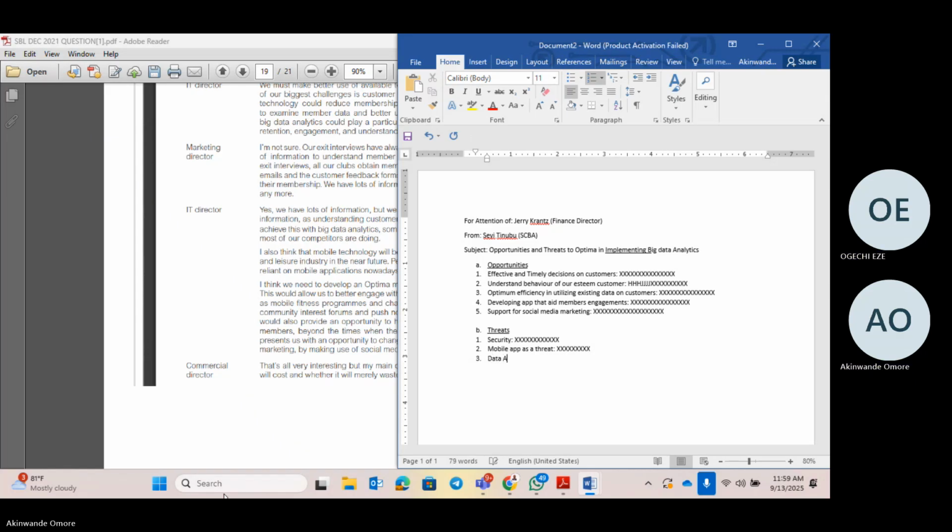Availability. At times you may be trying to access the data, but it will not be on due to weakness in the server. That's another threat.